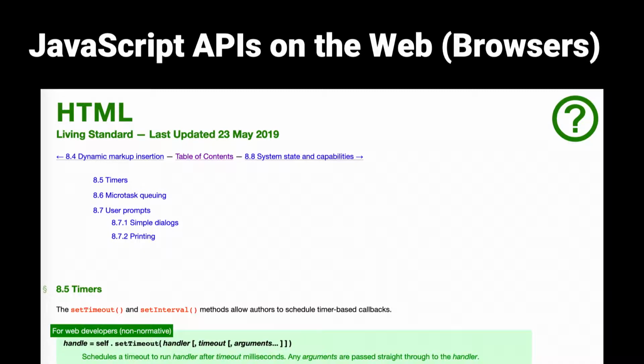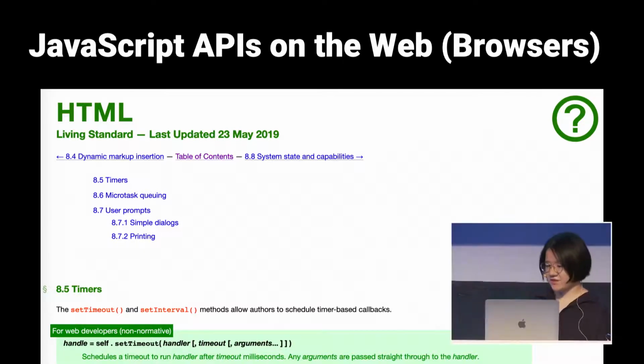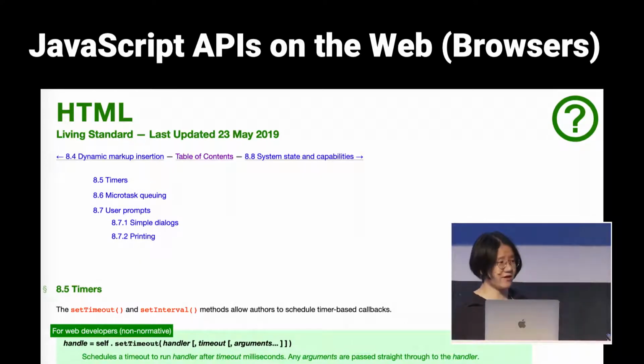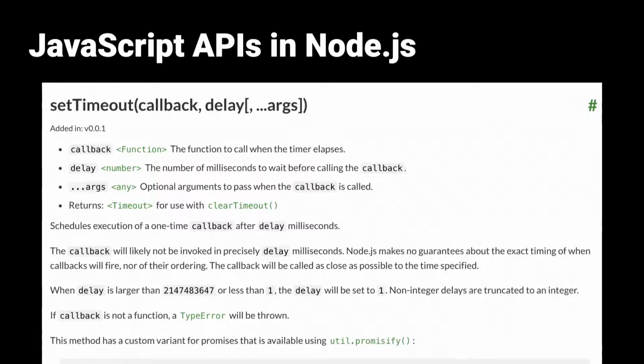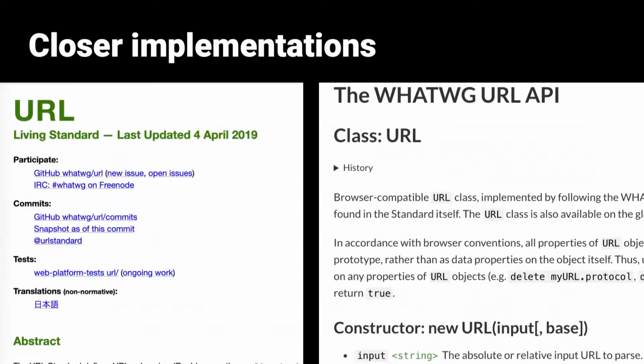For instance, we have methods like setTimeout from the browsers, and this is the living standard of the timers in the WHATWG HTML specification. We also have a similar set of timer APIs, but the implementation does not strictly follow what the browsers do. For example, setTimeout in Node returns an object, while browsers usually return a number instead.